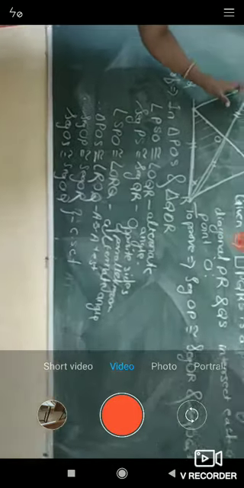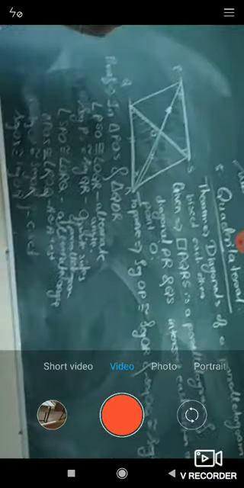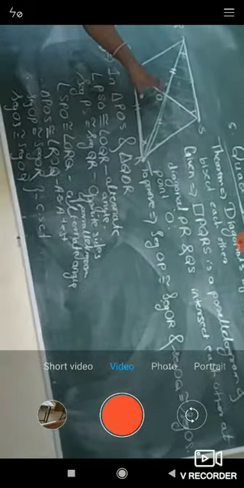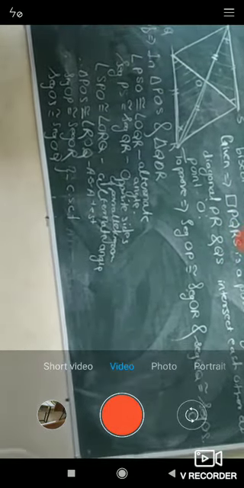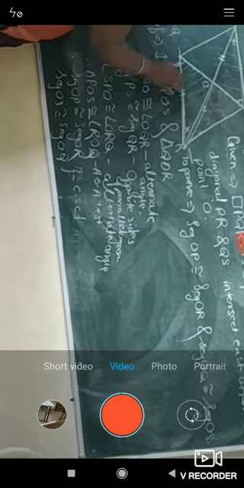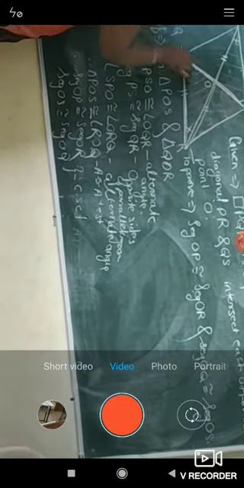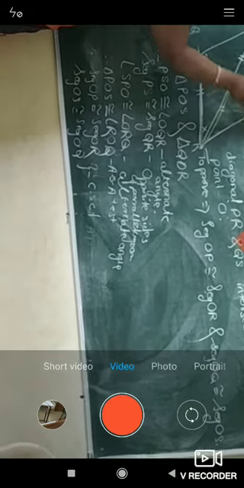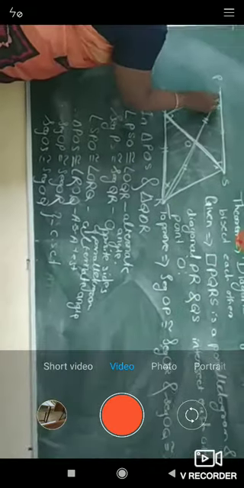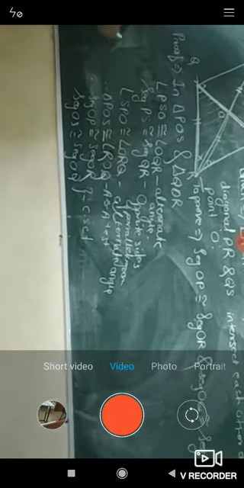Okay, so in this way we can prove that the diagonals of a parallelogram bisect each other. What we had done: first take any two opposite triangles. Show the two sides are parallel, take this as a transversal, and then alternate angles will be congruent. This is given, and then we can prove it.